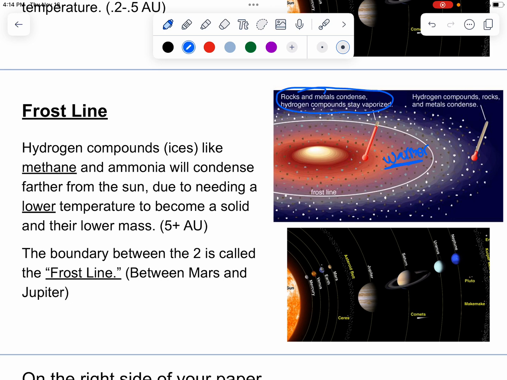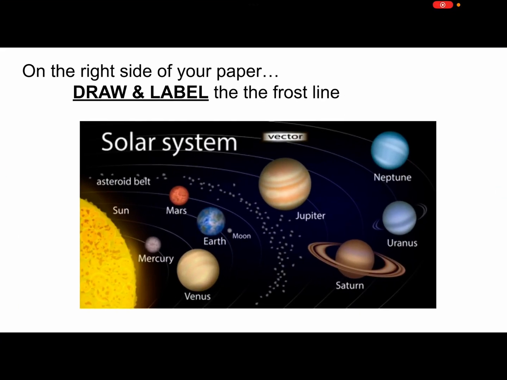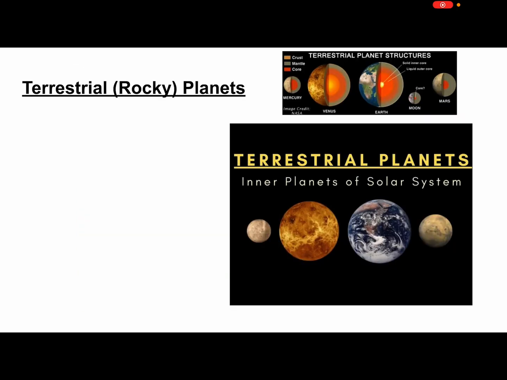Outside of that frost line, it's much cooler, and this is where we get the hydrogen compounds like ammonia and methane, and those things will condense and turn into solids outside of that frost line. Right in between Mars and Jupiter, right where the asteroid belt is, that's where our frost line is.